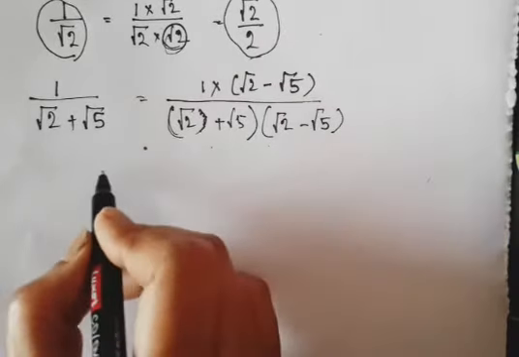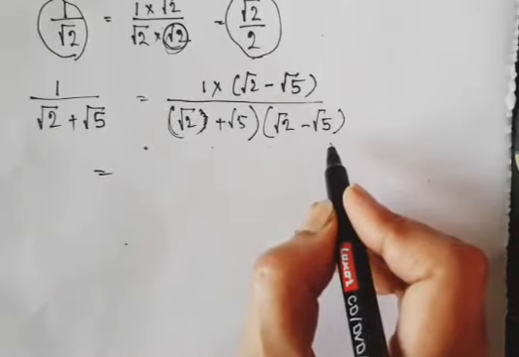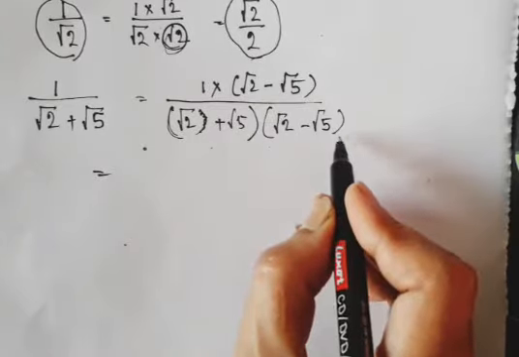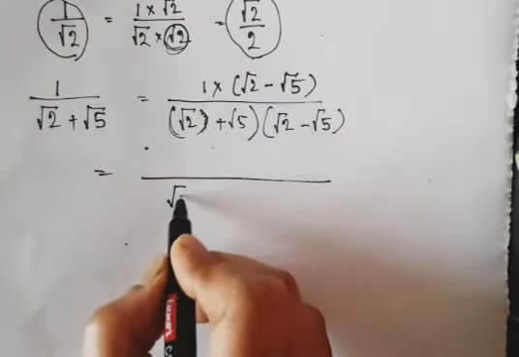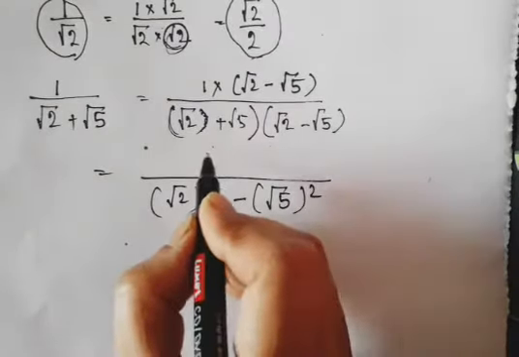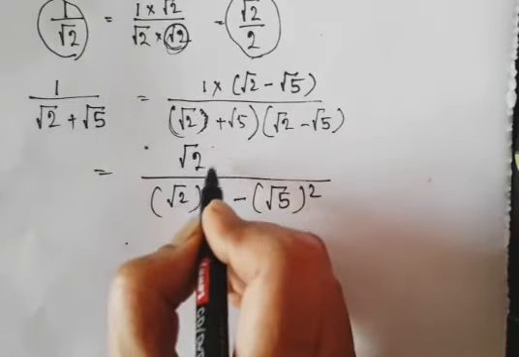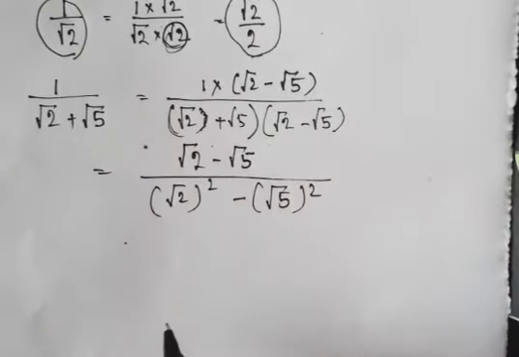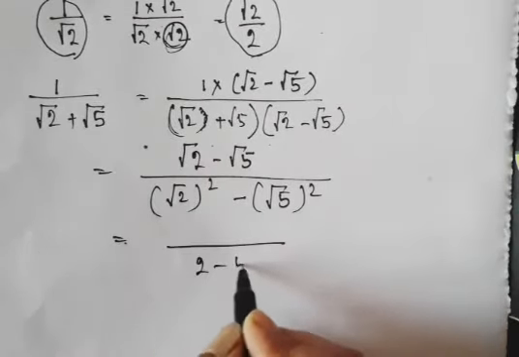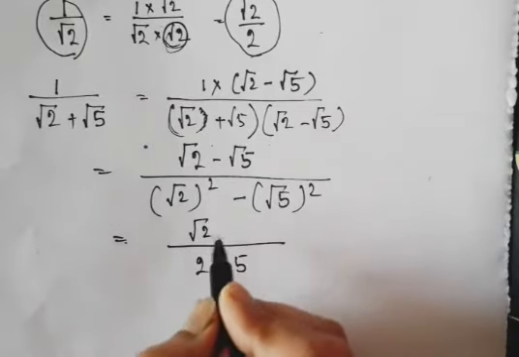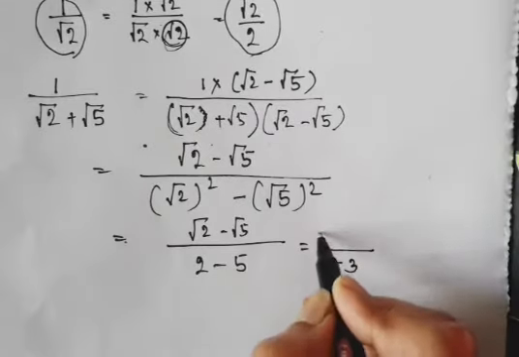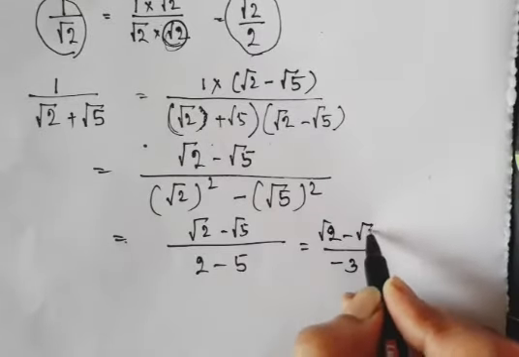Now after multiplying, the denominator is a plus b times a minus b, so it is a square minus b square, and the numerator is root 2 minus root 5. Let us simplify the denominator, that is 2 minus 5. Finally it is minus 3, and the numerator root 2 minus root 5.